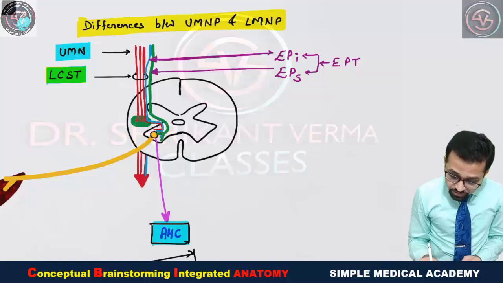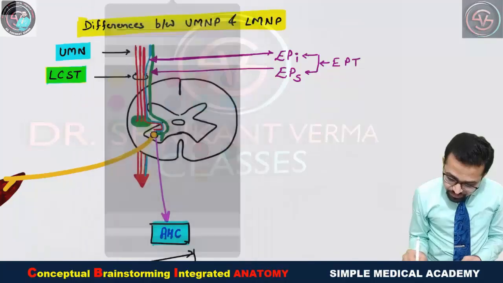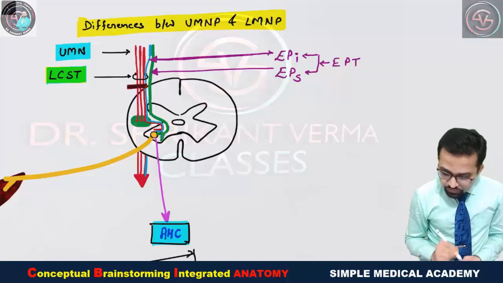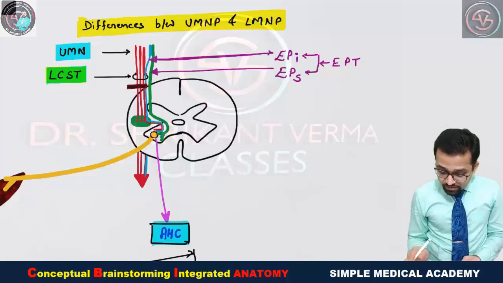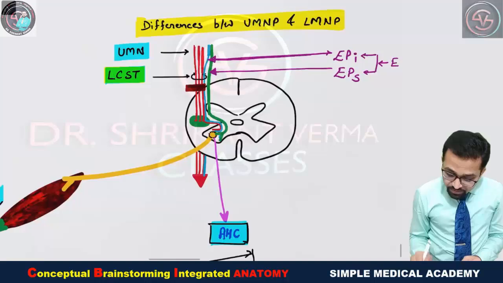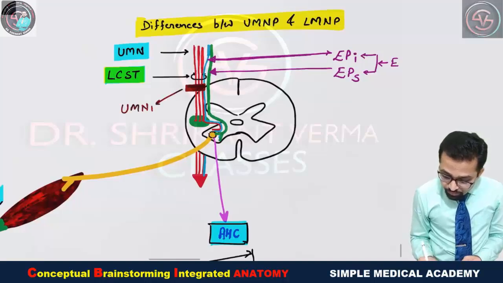Now see, whenever there is damage, using brown color, whenever there is upper motor neuron paralysis, what is upper motor neuron paralysis? Damage to the upper motor neuron above the anterior horn cell is known as upper motor neuron paralysis.